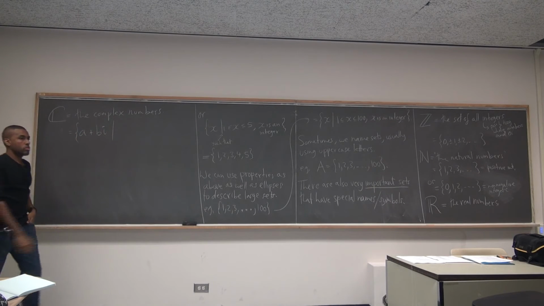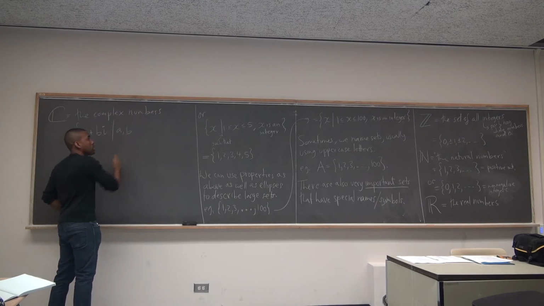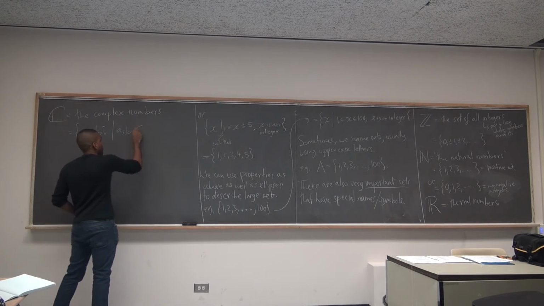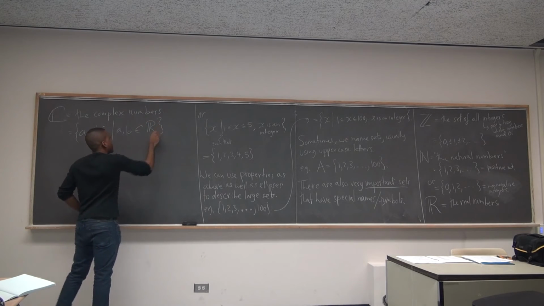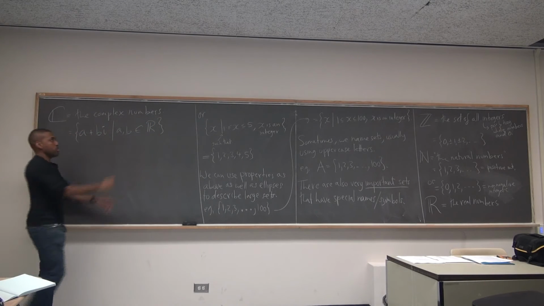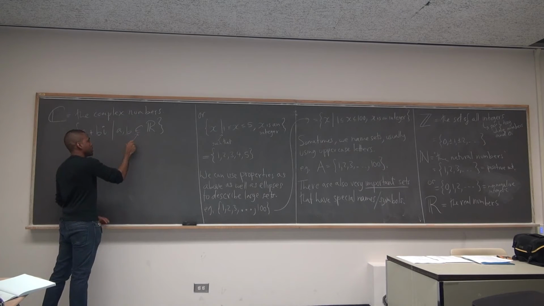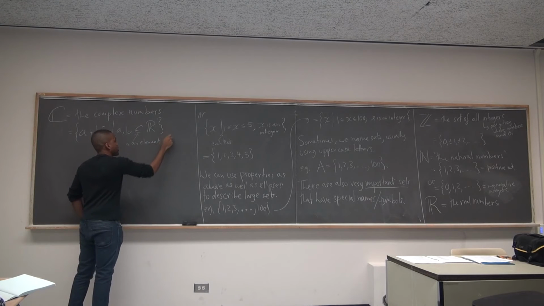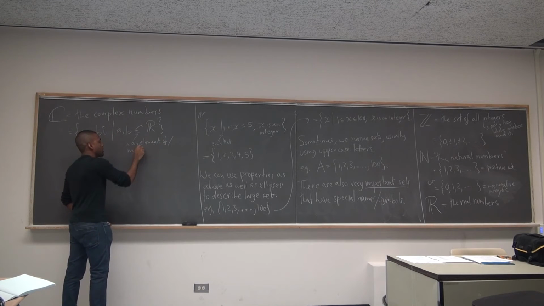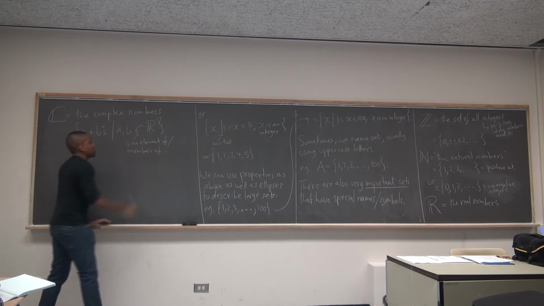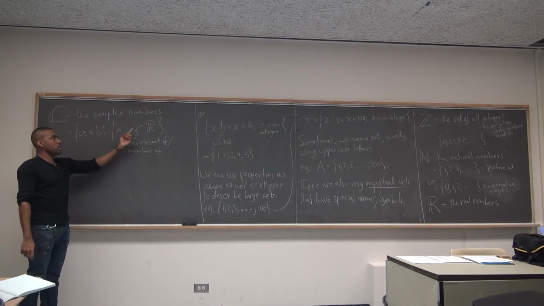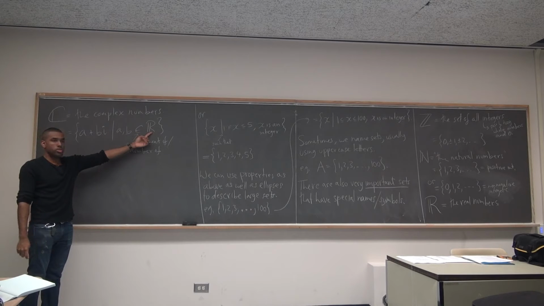a and b are integers? No, just real numbers. This symbol means "is an element of" or "member of". So me saying a, b ∈ R means a and b are members of the real numbers.